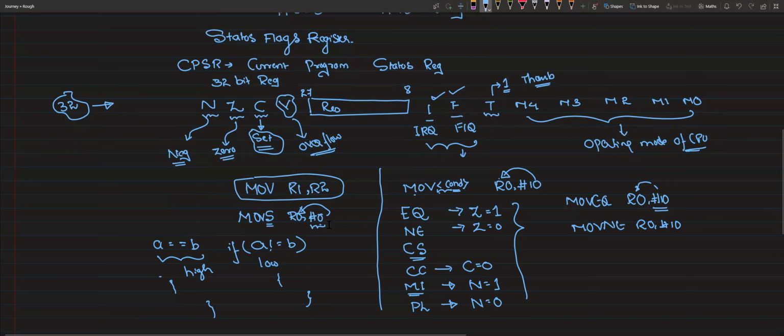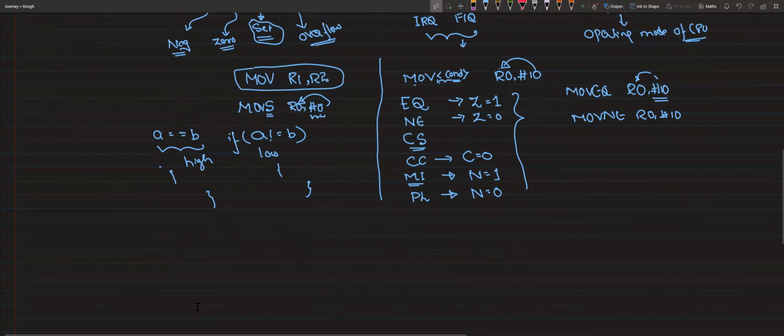So we will take some examples. You have to tell what is the status of the conditional flag and what will be the result. We will take some code snippet examples. So what will happen here? MOVS R0, #0. The content 0 would be moved to R0.